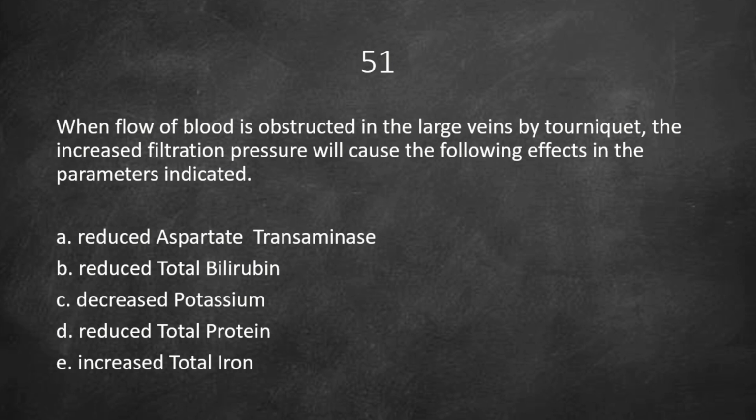And if you look at potassium, it can increase when there is hemoconcentration. But in this case, the option is saying decrease potassium, so that's also not a viable answer. Then total protein: the increased filtration pressure from the tourniquet typically can increase the protein's concentration. But the option is saying reduce total protein.